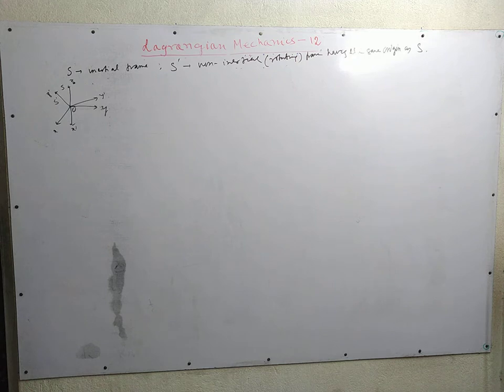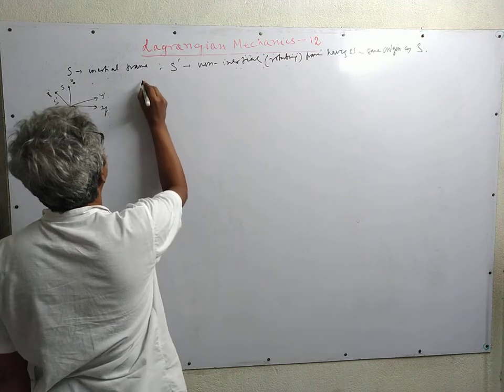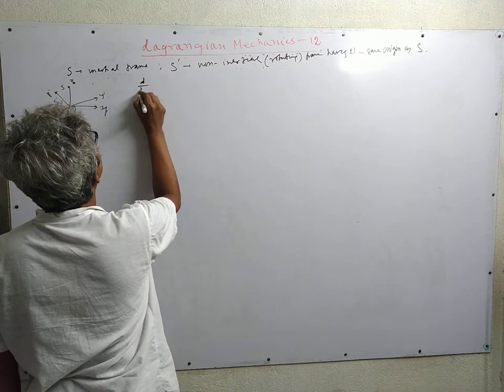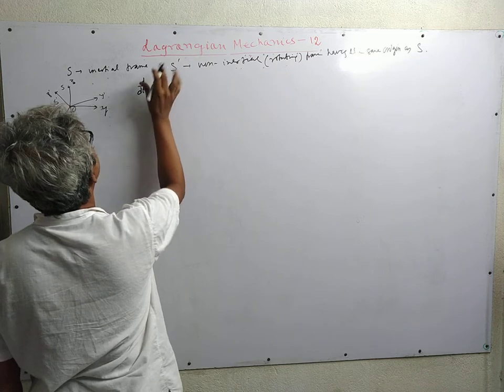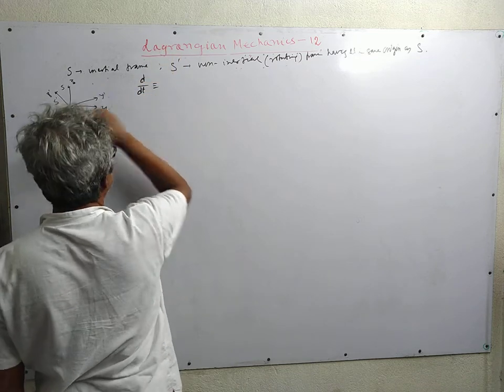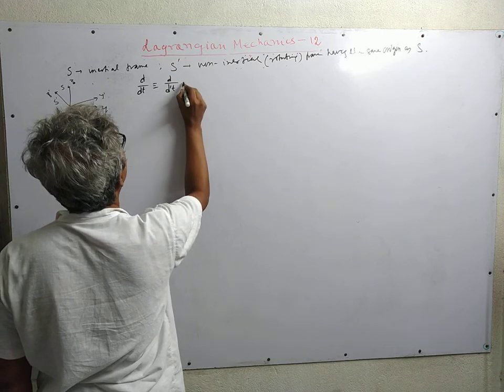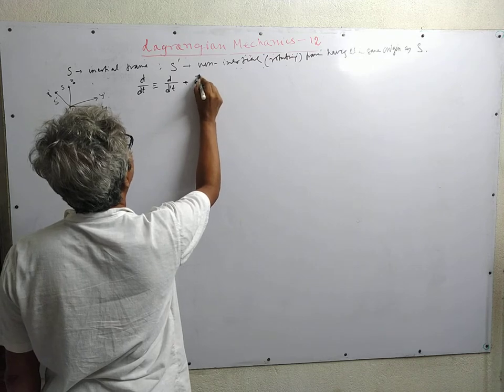So S prime is a non-inertial frame. We know that the time derivative of any quantity as viewed in the S frame is related to the time derivative as viewed in the prime frame via this relation.